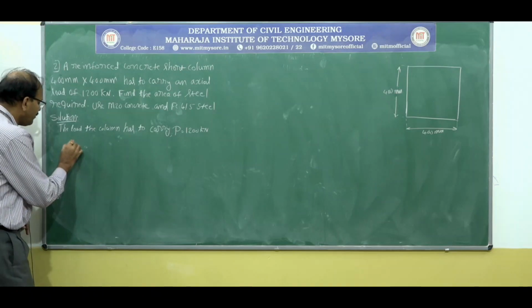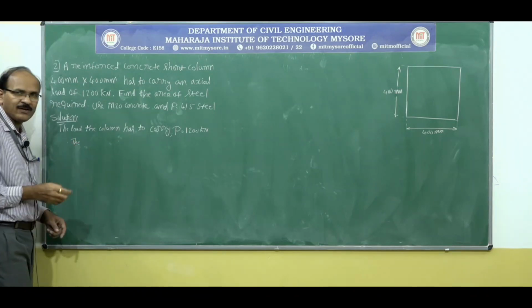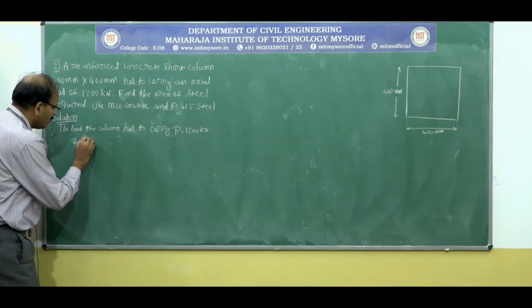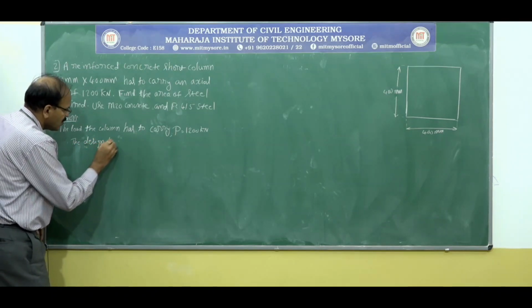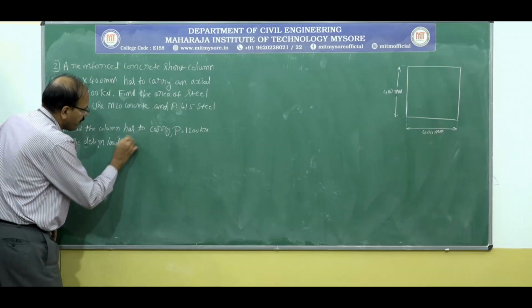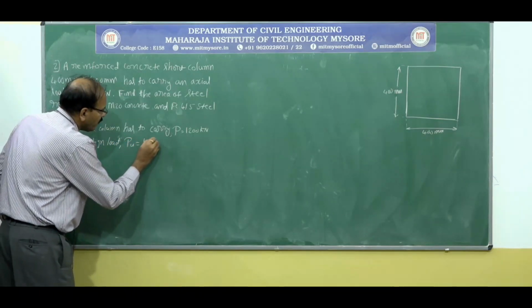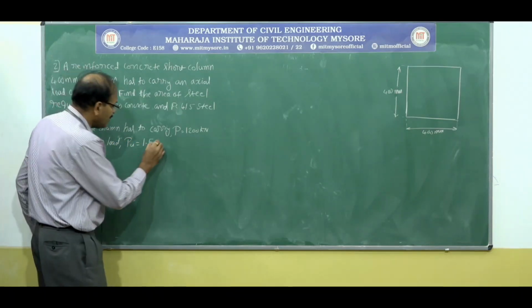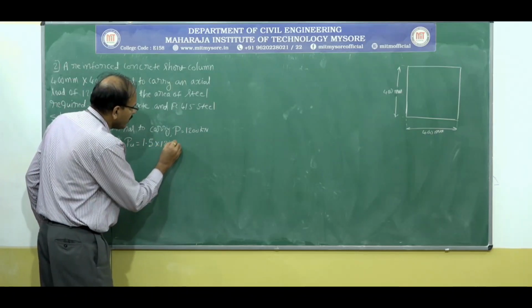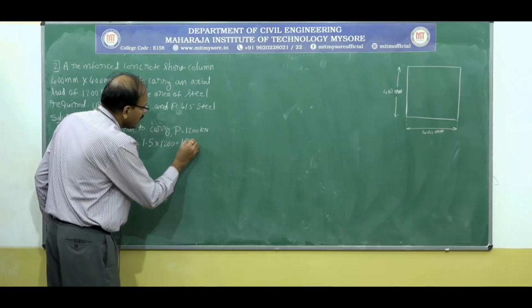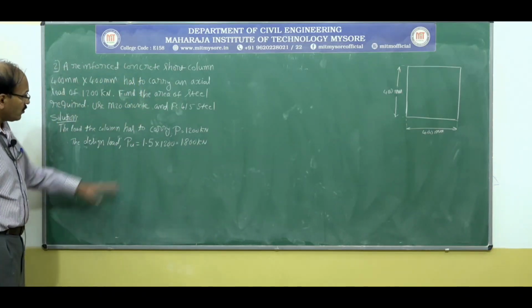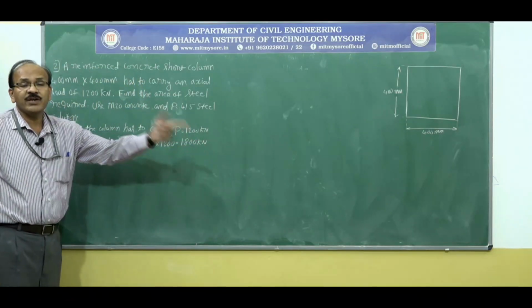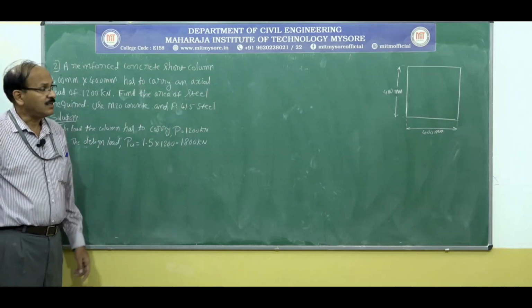Therefore, the ultimate load or the design load or the factored load is Pu, that is equal to 1.5 times, the load factor, multiplied by 1200, that is equal to 1800 kilonewton.